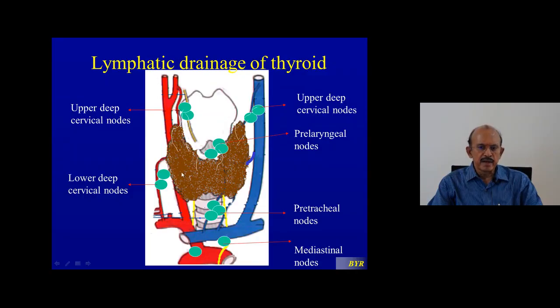Some drain to the nodes along the inferior thyroid artery. There are also paratracheal nodes deep to the thyroid gland, and some lymph drains to them. From there, the lymph drains to the upper deep cervical and lower deep cervical nodes, and from there to the mediastinal nodes.